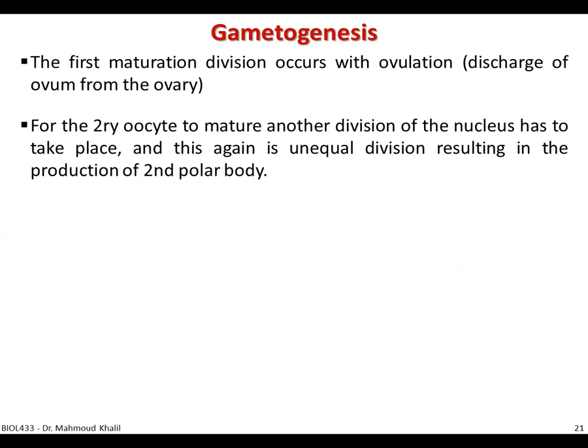The first maturation division, which is the first meiotic division, occurs with ovulation in the female, which is the discharge of the ovum from the ovary. For the secondary oocyte to mature, another division has to take place, and this again is an unequal division, resulting in the production of a second polar body.